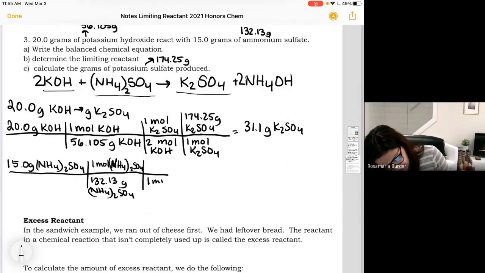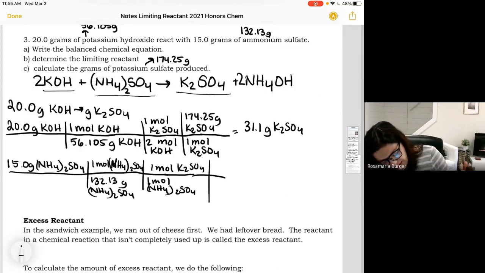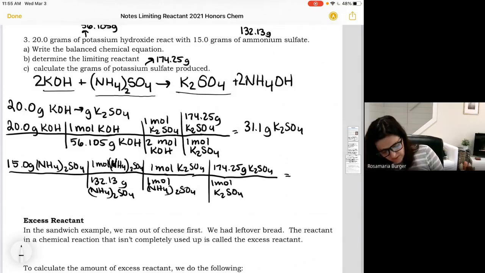Well, for every 1 mole of (NH4)2SO4, we get 1 mole of K2SO4. And then that last step is always the same, 174.25 grams of K2SO4 gets me 1 mole of K2SO4. So 15 divided by 132.13 times 174.25. That gets me 19.8 grams.